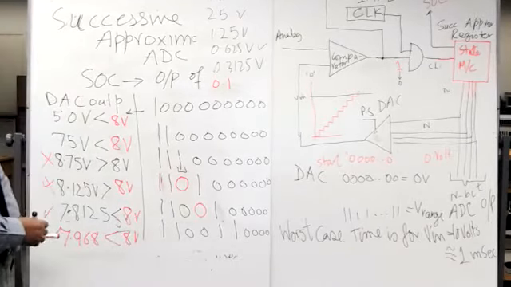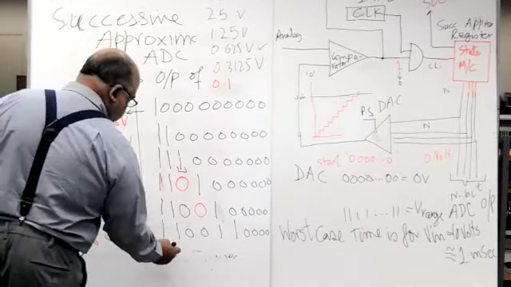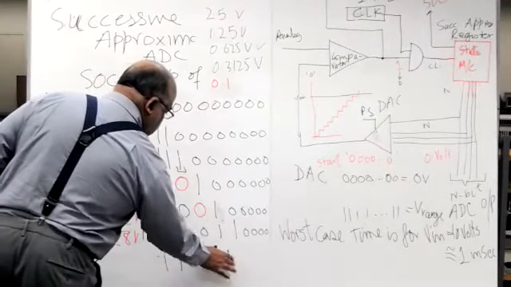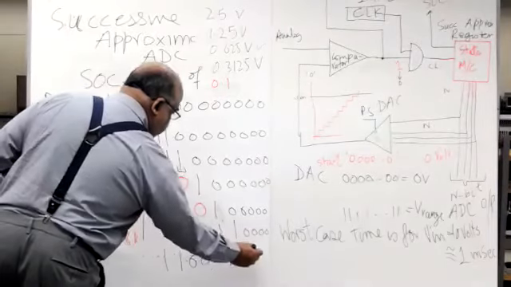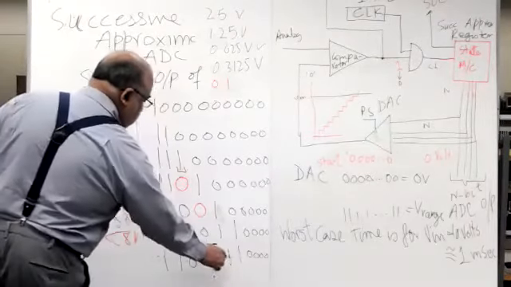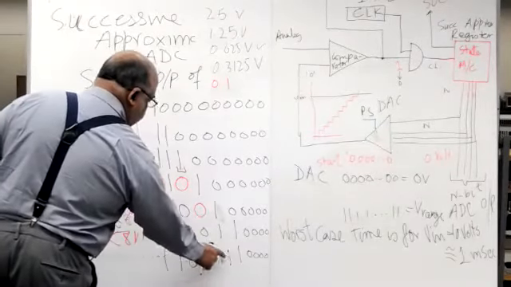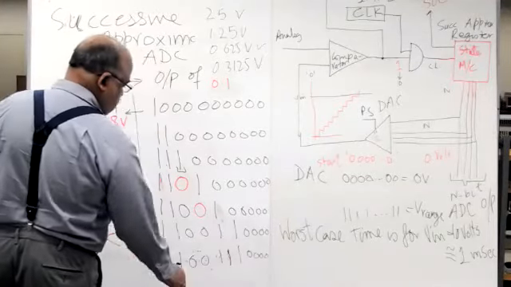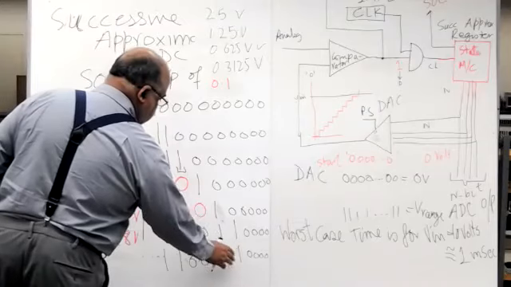This is greater than, so it will keep this and try another step. 1 1 0 0 1 1 1 0 0 0 0. So what is this one adding into this whole scene? This one, third one.